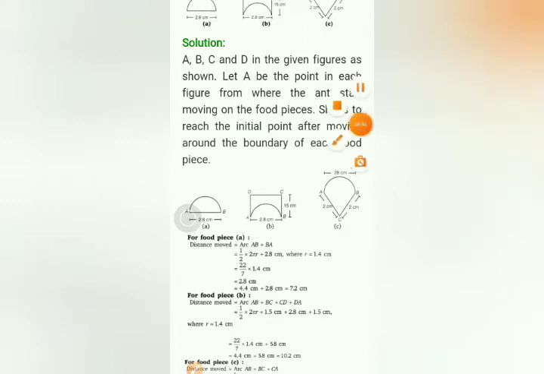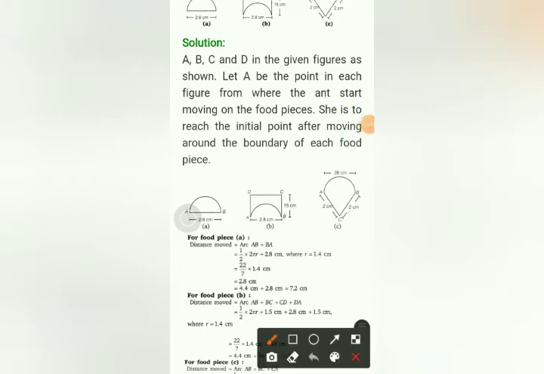Since it is just an arc, we are taking half of it, that is half of 2 pi r, plus this distance 1.5 and this distance 2.8 centimeters. 1.5 will be counted 2 times, and 2.8 1 time, and plus this distance.